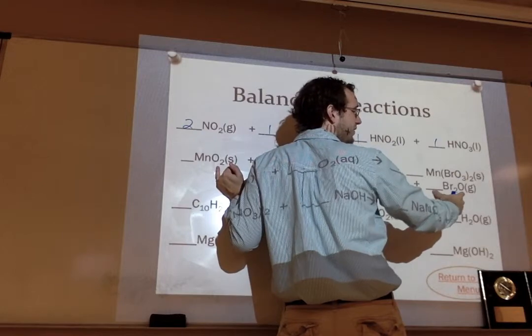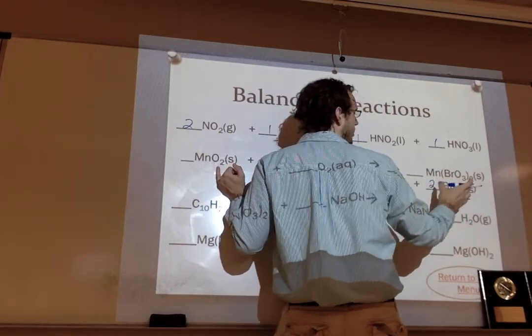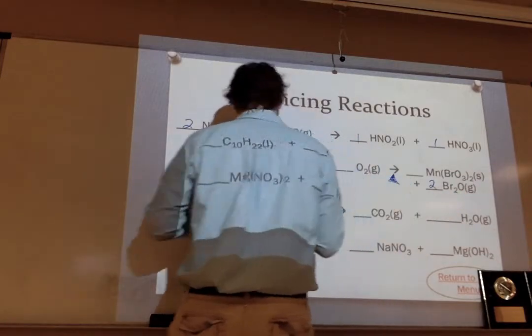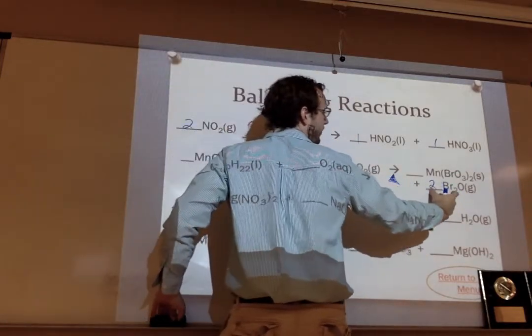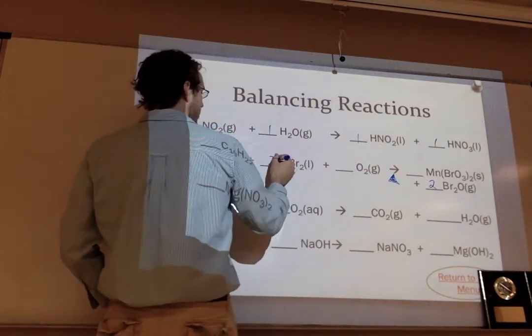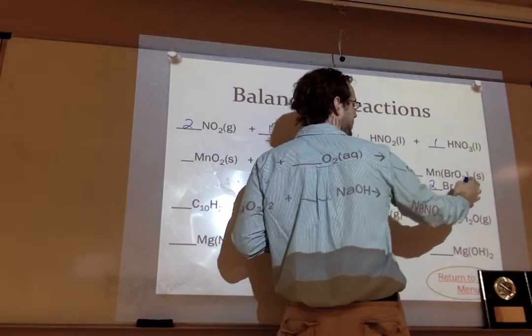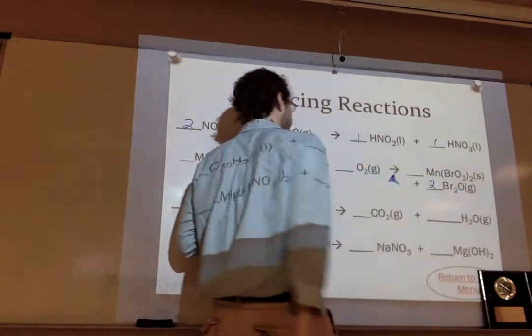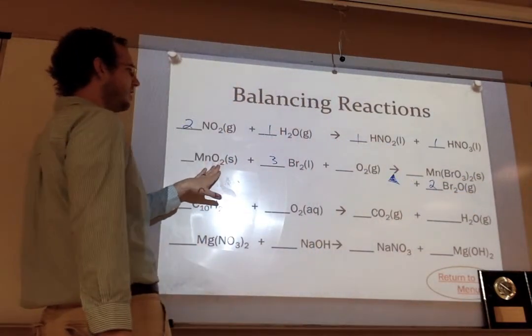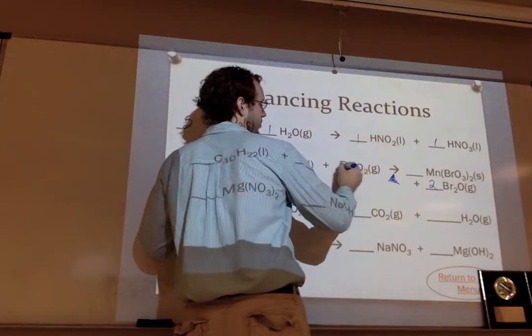Because if we can get this guy even, then maybe we'll be able to get the other one. So let's go ahead and multiply this by 2. Oh, but that changes the bromines. Now we've got 4, 5, 6. So we'll need 3 here. We've got 2, 4. We've got 6, 7, 8. So we need 6 more here. Let's put 3.